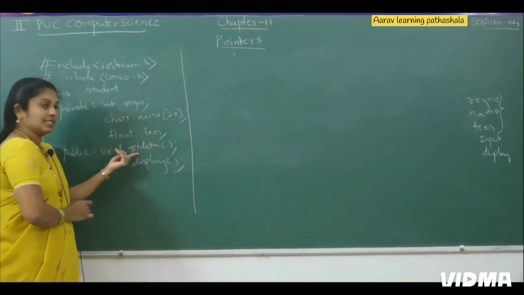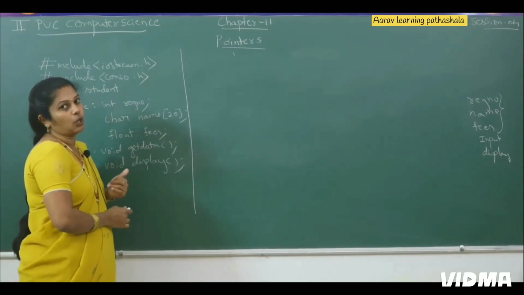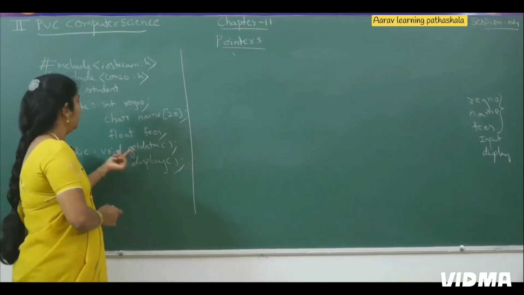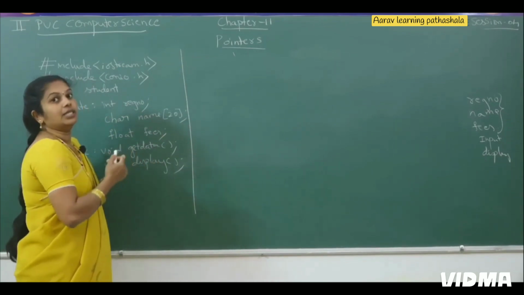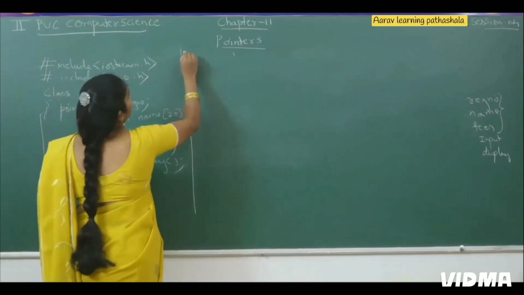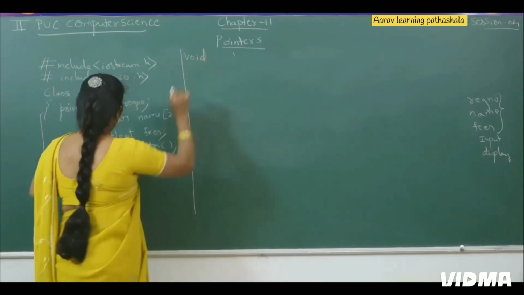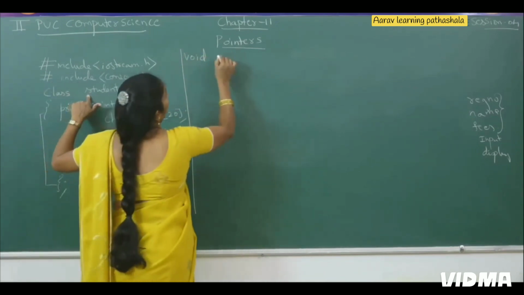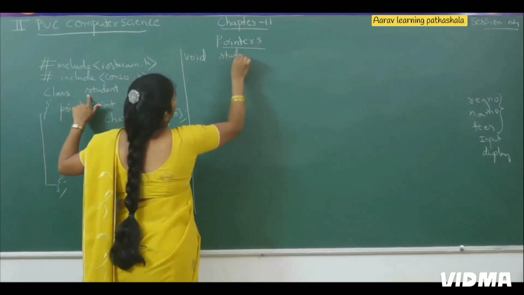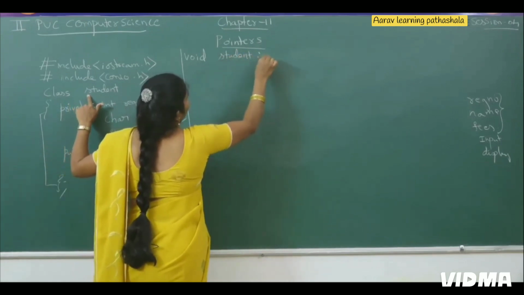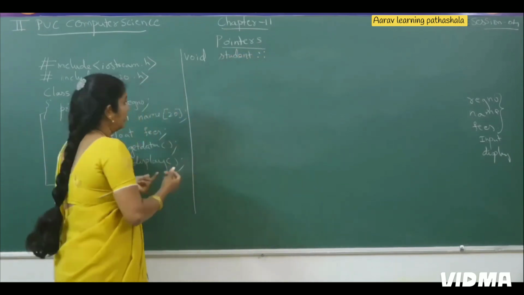Next, we want to write the statement of the getdata function outside the class. How to write? First, we have to take the return type here, void. The class name is student. Next, the scope resolution operator.